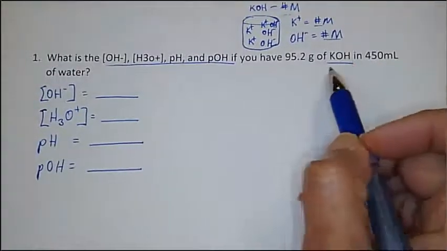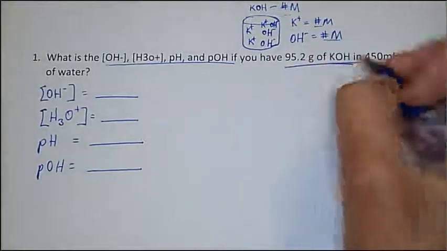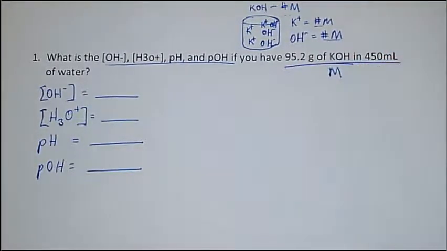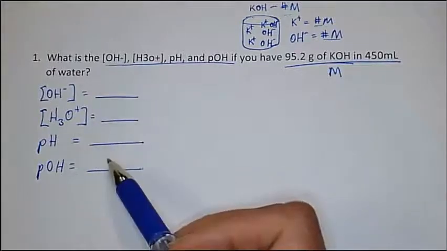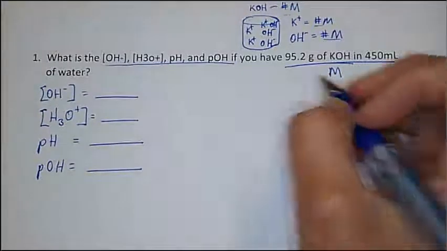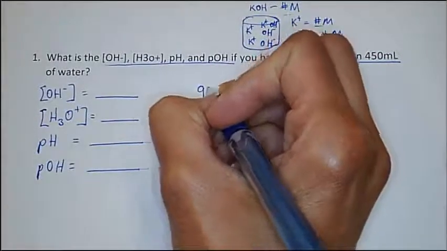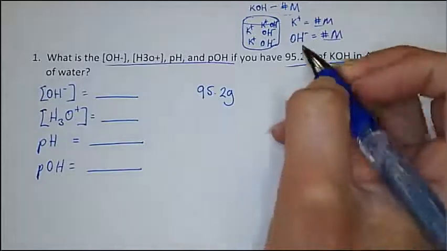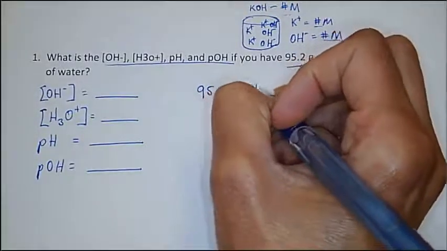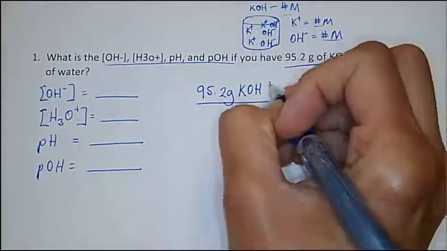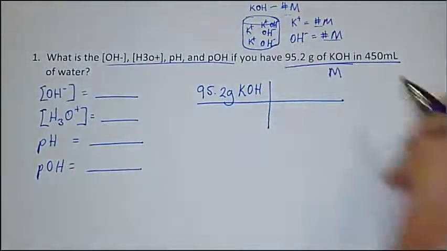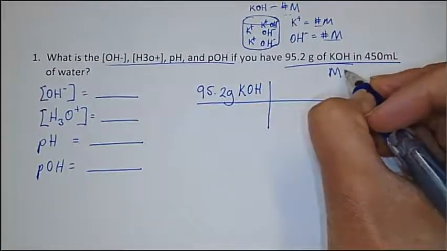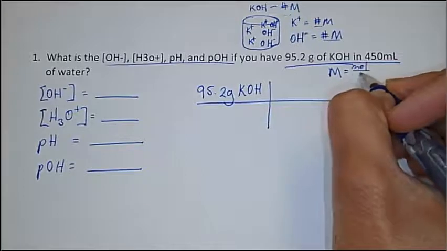So in this case, I need to find the molarity of my solution. I need to get the concentration so that I can solve for these problems. So the way that I'm going to get the concentration is that I have 95.2 grams of potassium hydroxide, and I'm going to convert it into moles, because remember, molarity is moles over liters.